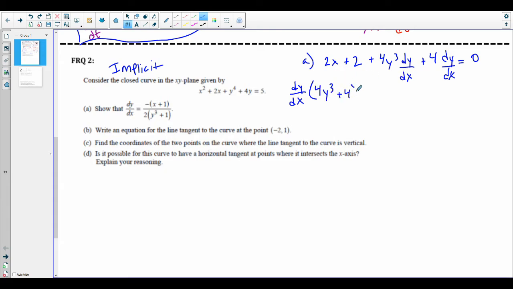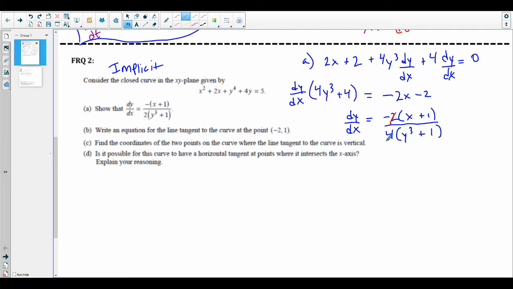So quick little algebra here. Minus 2x minus 2. We can factor a negative 2 out of that, and we can divide by the 4y cubed plus 4. So we should get dy/dx is equal to negative 2 times x plus 1 divided by, let's factor out a 4, y cubed plus 1, and one more step.